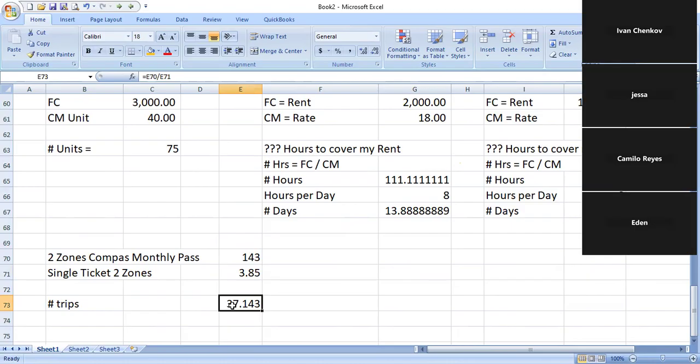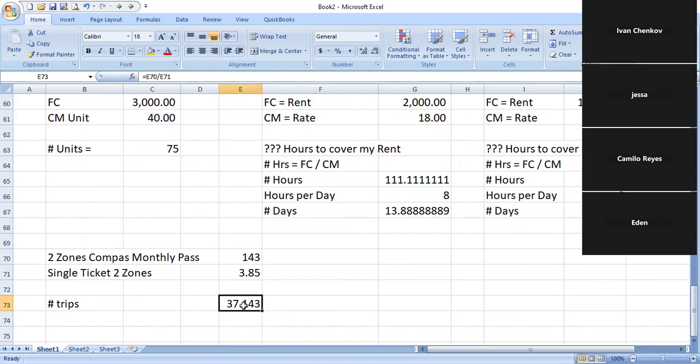Do you understand this? Yes, professor. So as long as you jump on the SkyTrain 37 times, or let's say 38 times at 3.85, that means you spend more than 143, then in that case, yes, it makes sense to pay the monthly pass.